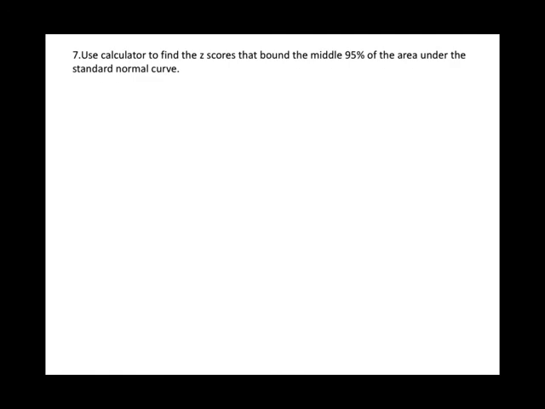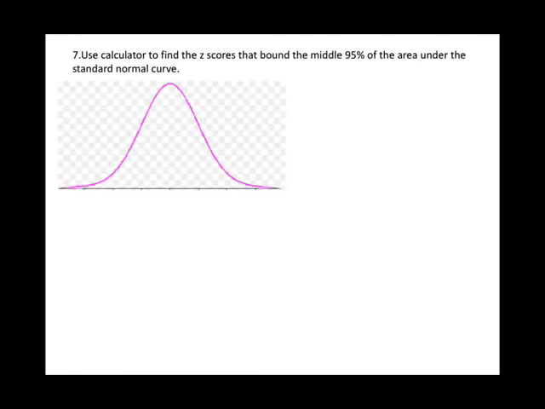Okay, number 7. Use the calculator to find the z-scores that bound the middle 95% of the area under the standard normal curve. Okay, I want to find the z-scores, so I have 2 z-scores in here that bound the middle 95% of the area.